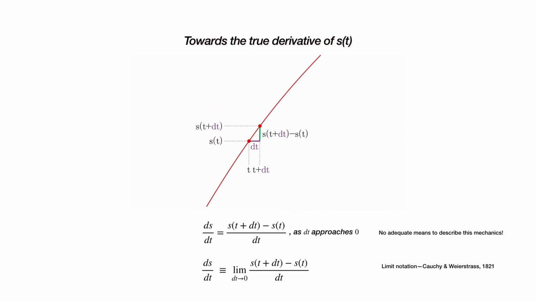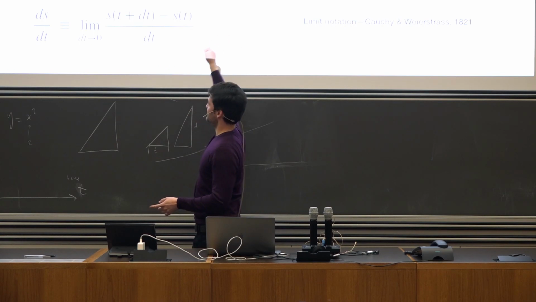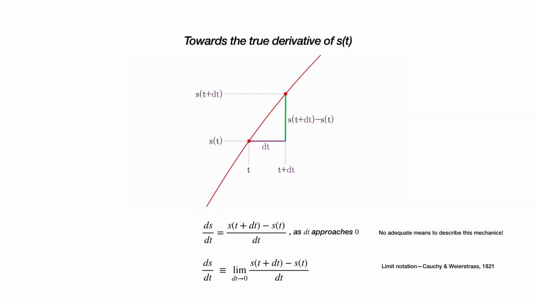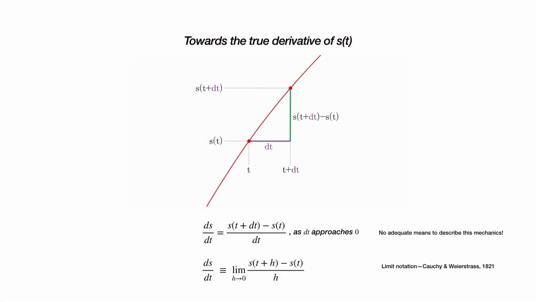But don't get scared with these limits, don't get super annoyed by this definition now. It says exactly the same thing as the thing above. Instead of saying, yeah, it's this ratio of green to purple as dt approaches 0, you can also say the derivative is a limit of this expression as dt approaches 0, yeah? There's nothing special about it, it's just a formalism.